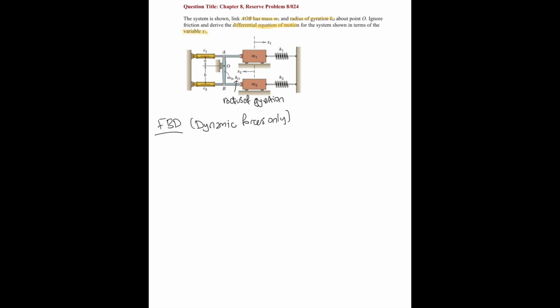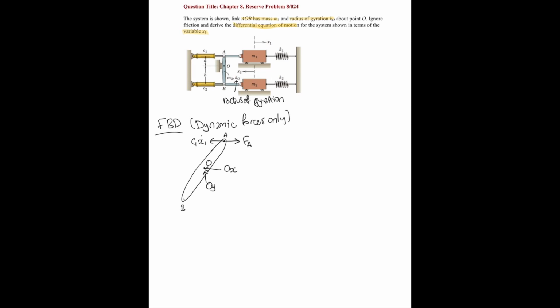So if we draw the free body diagram of this link AOB, there are reaction forces on O, Ox and Oy, and reaction forces on A. So there's force Fa pulling the mass at A, and a damper, C1 x dot 1.